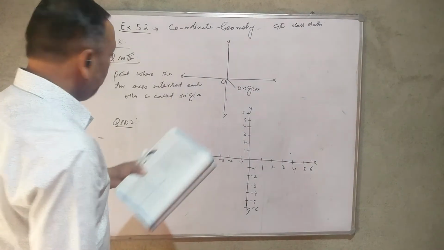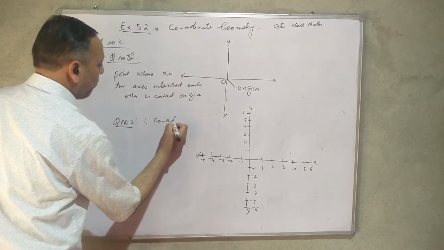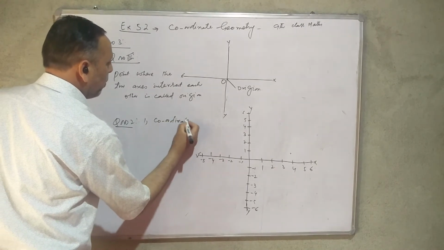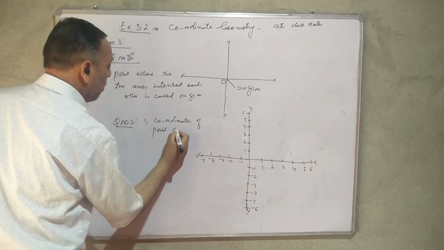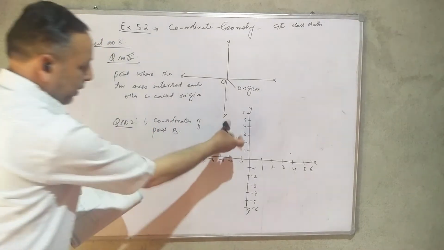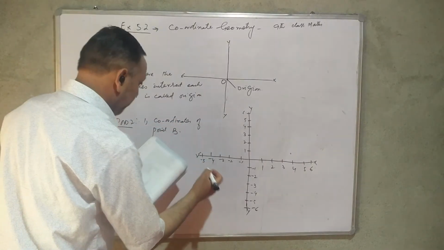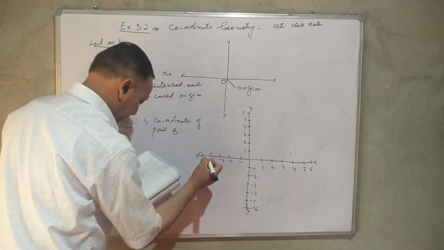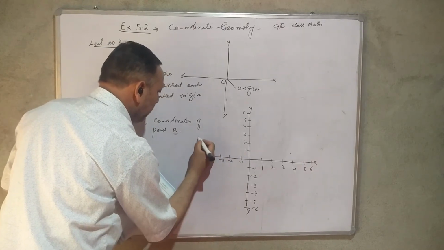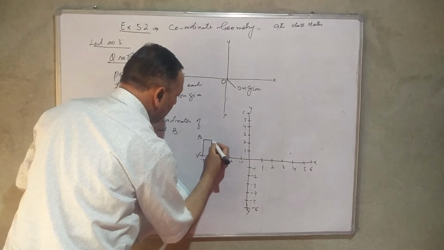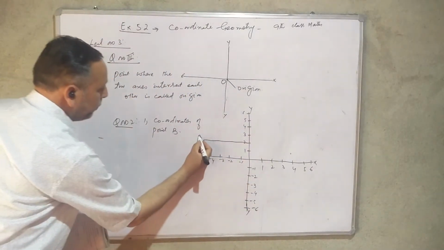Now, write the coordinates of point B. First part. Coordinates of point B. In the diagram, let us locate where point B is. This is point B here.